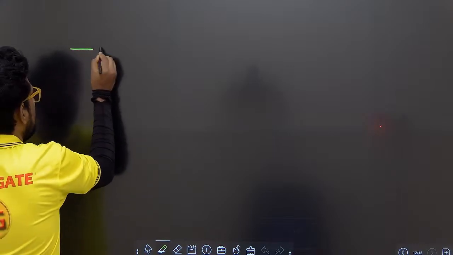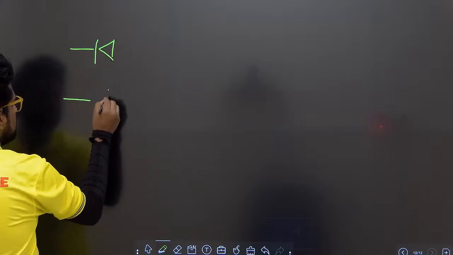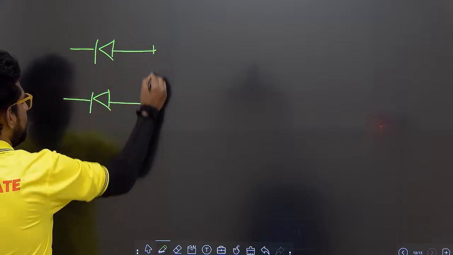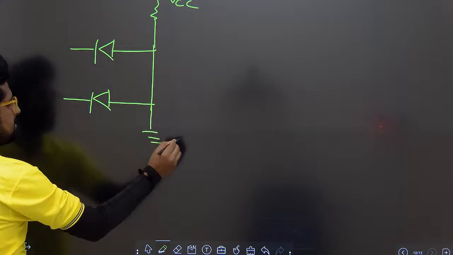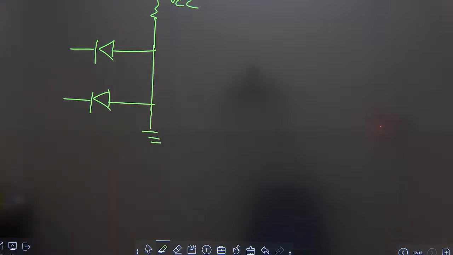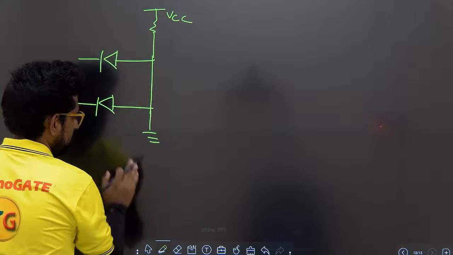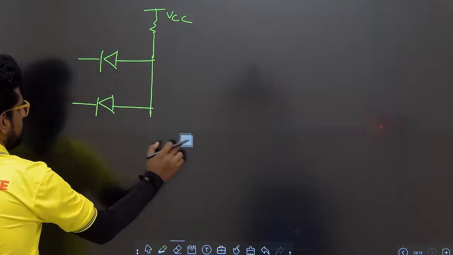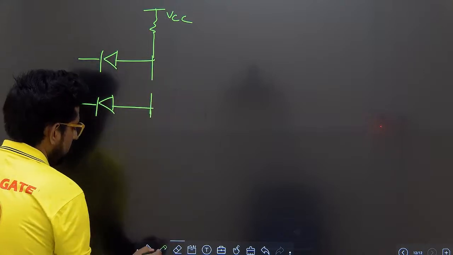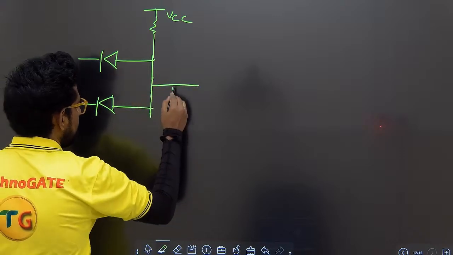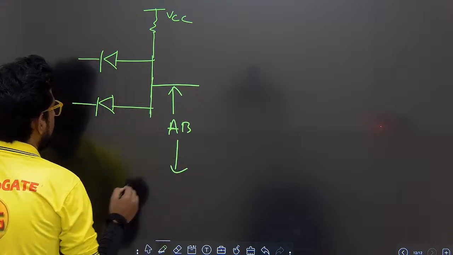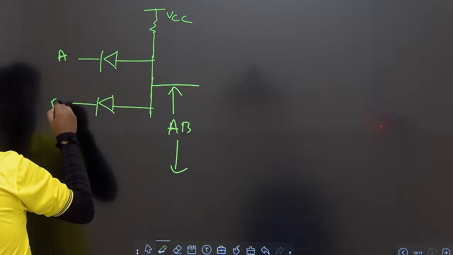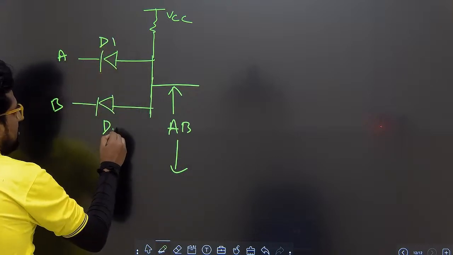So let me draw the diagram first. VCC and ground, and let us take the output here. This is A, this is B, this is diode 1, this is diode 2.